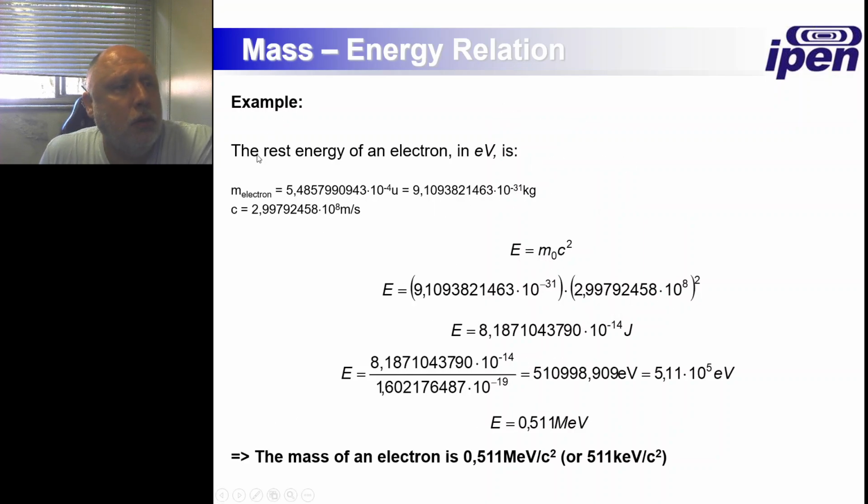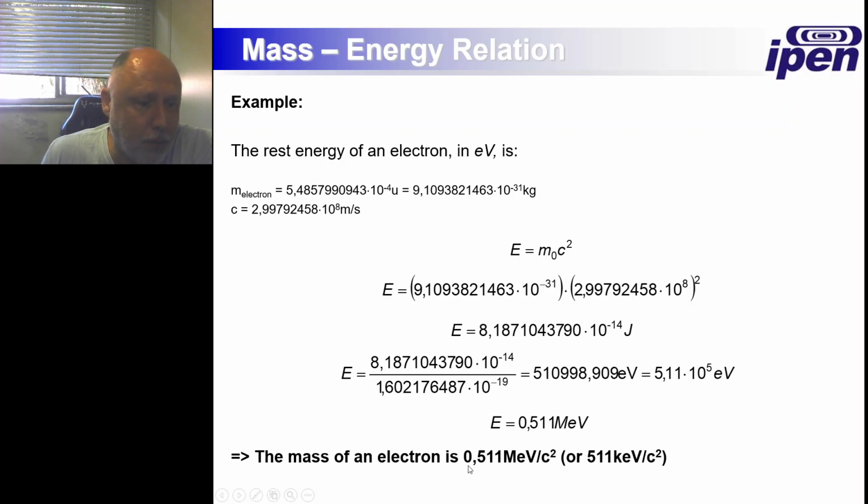Just to take a look, what's the rest energy of one electron? Meaning, if I could take one electron and transform it completely into energy, what would happen? How much energy are we talking about? Just doing the math here, we see the mass of one electron is equivalent to 0.511 mega electron volts.